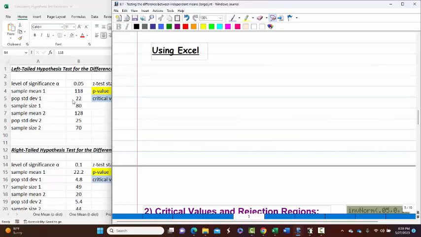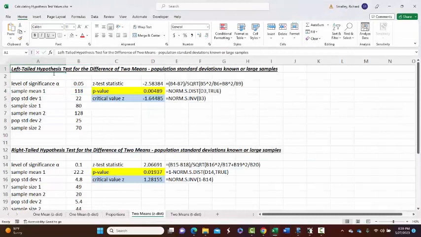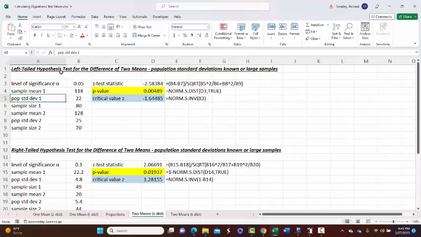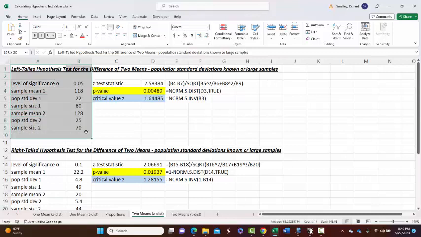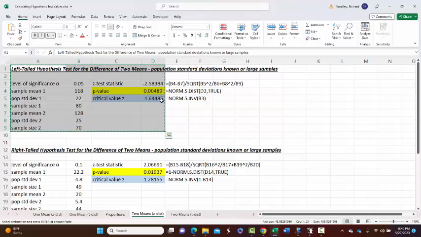So let me come over here and, okay, so I just have the wrong p-value in there.